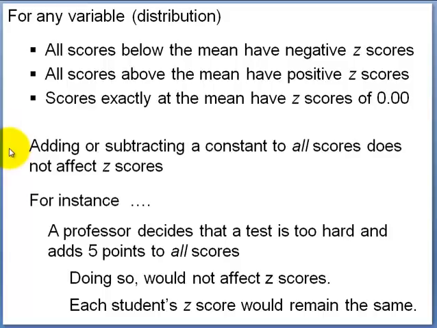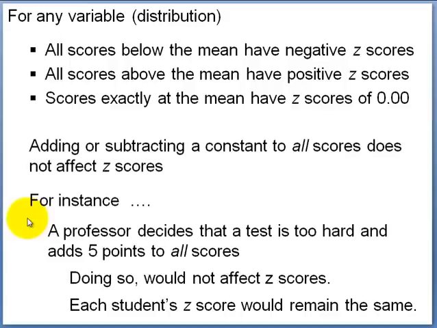Now, adding or subtracting a constant to all scores does not affect z-scores. For instance, suppose a professor gave a test and following administration of that test decided that the test was too hard.